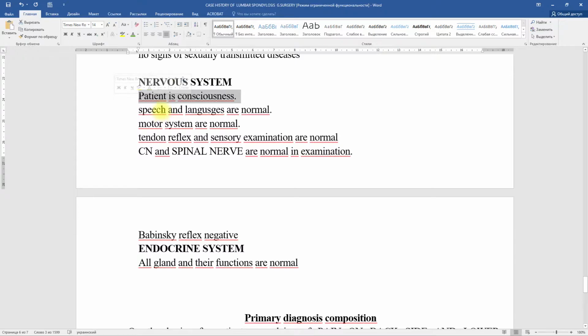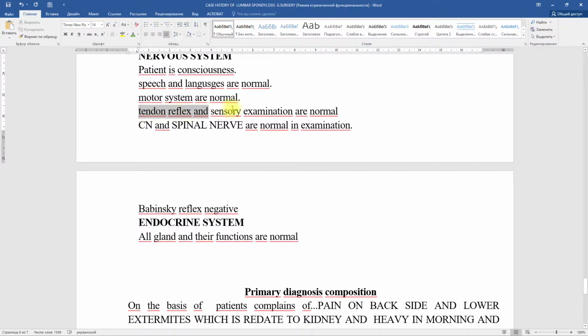Patient is conscious. Yes. Speech and language, motor system. Tendon reflexes are normal. It would be better if you could write down more about what exactly tendon reflexes. Spinal nerve.